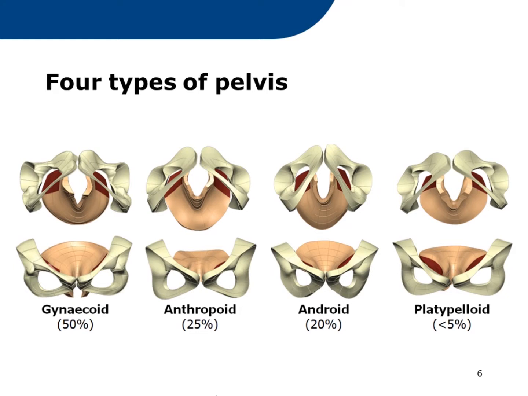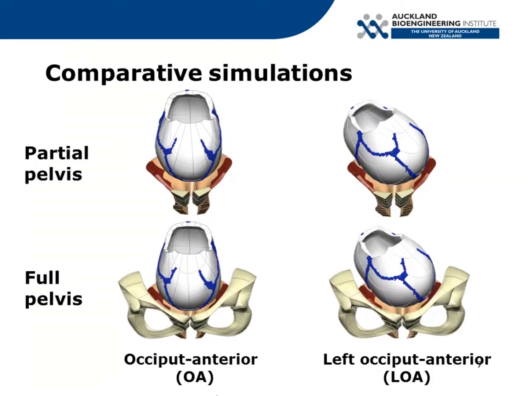So for this study, one representative subject was selected for each of the gynaecoid, anthropoid, and android pelvis. However, we couldn't identify a typical platypelloid pelvis. Therefore, a subject with dimension close to it was selected. 2 computer models were then generated for each pelvis type.